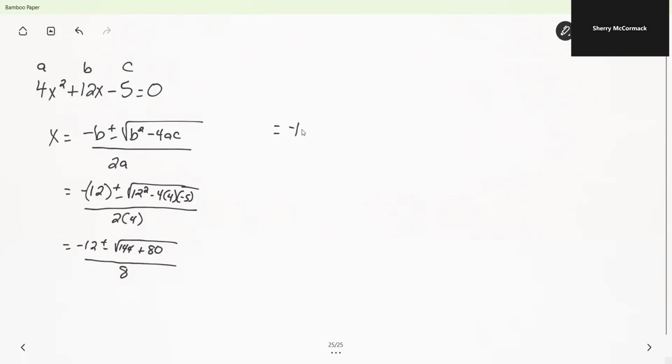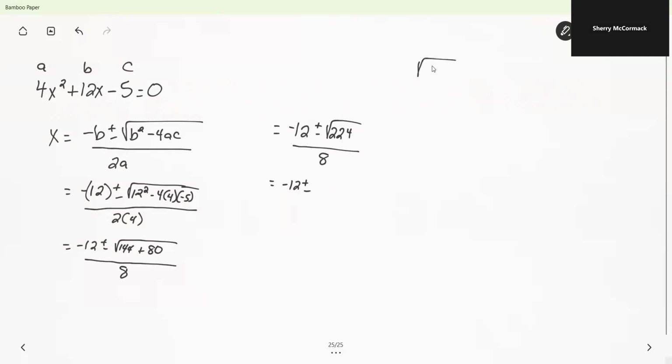All right, so this is -12 plus or minus the square root of, well, 144 plus 80 is 224, divided by 8, okay? And so this is -12 plus or minus the square root of 224.